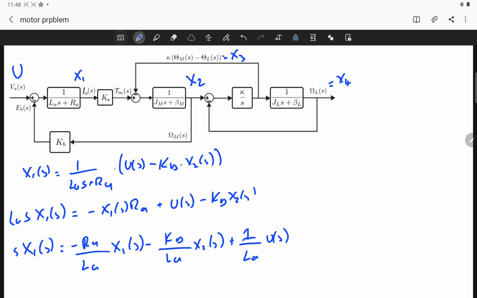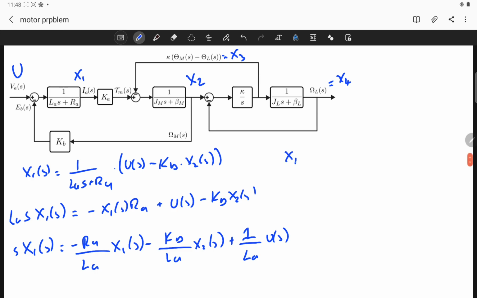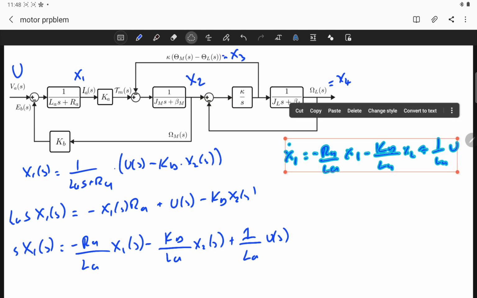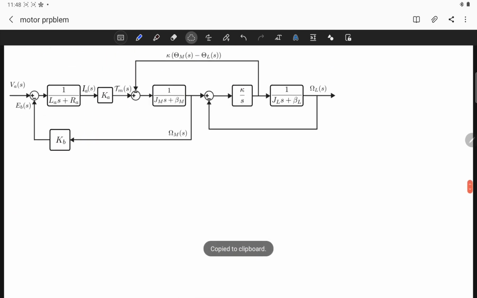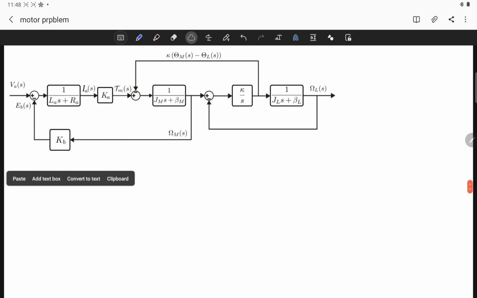That's almost done. What is this? s times x1, if you take the inverse Laplace, is equal to x1 dot, right? So x1 dot is equal to minus RA divided by LA x1 minus KB divided by LA x2 plus 1 over LA U. What I did is I obtained my first state equation. That's truly great. So let's write it here.